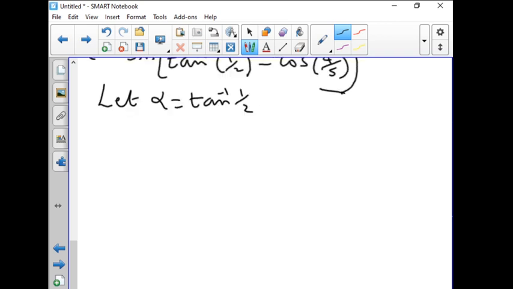So what is tan alpha? Therefore tan alpha is equal to 1 by 2. So here we will find sin alpha from this.